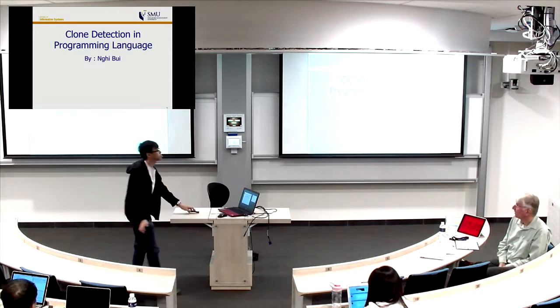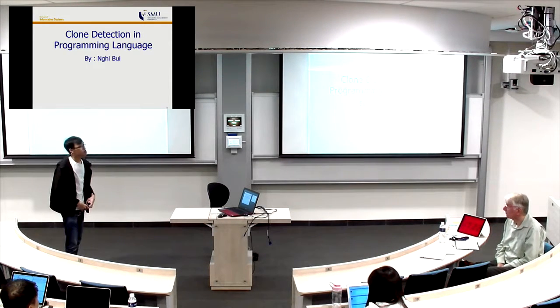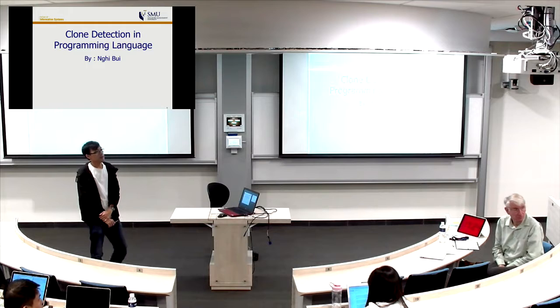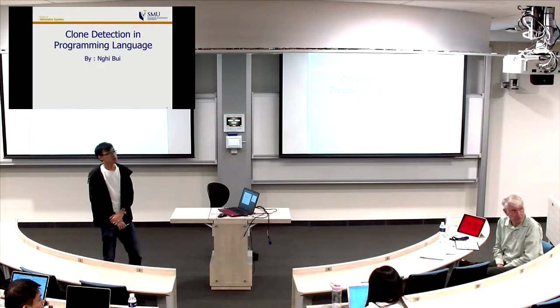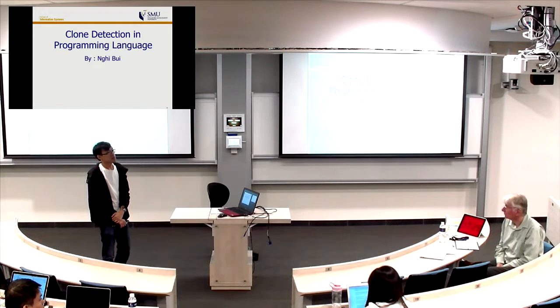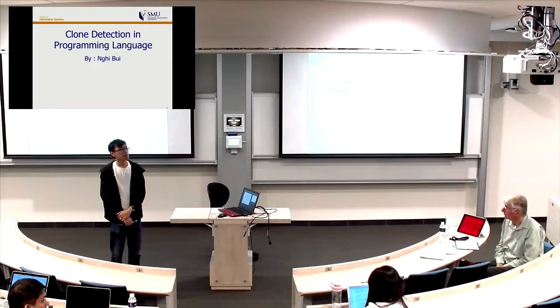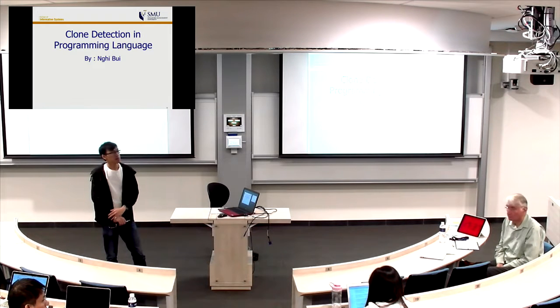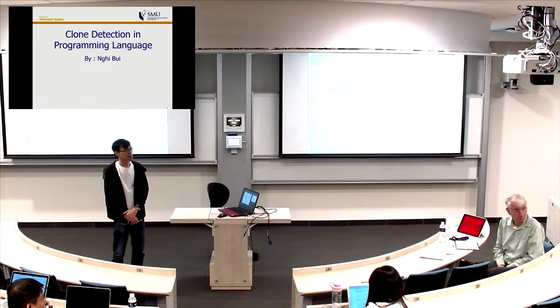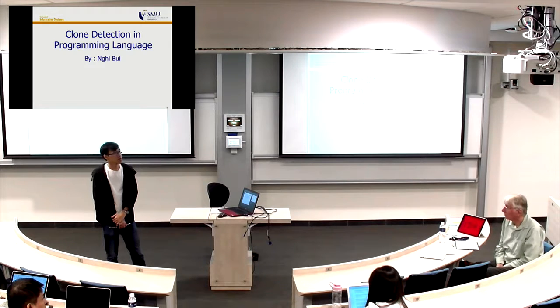Okay. Clone detection in programming language. I think the title was quite clear to me. I have an expectation of the code that you're going to talk about and how you're going to match the pair and so on. I like the example that you bring, like the books, the library. That's something that non-experts would be familiar with.